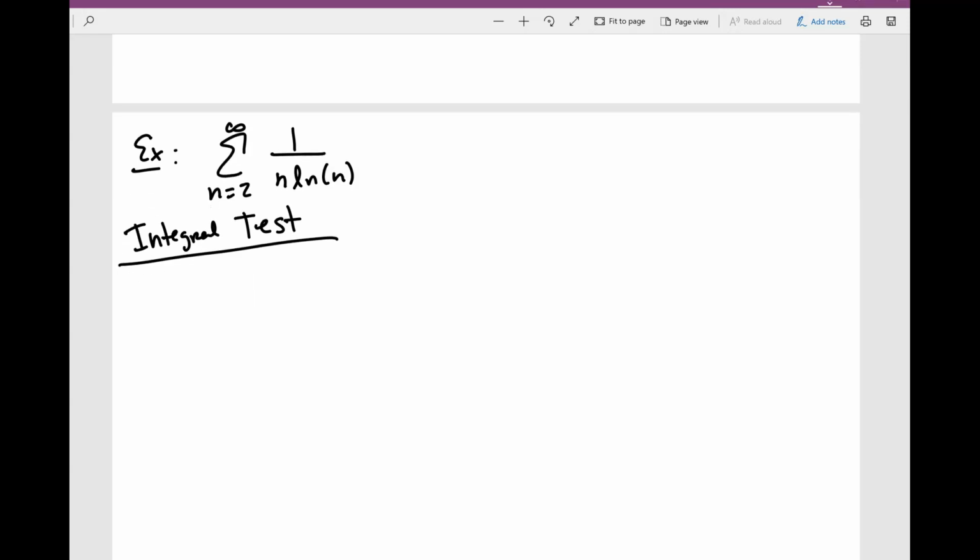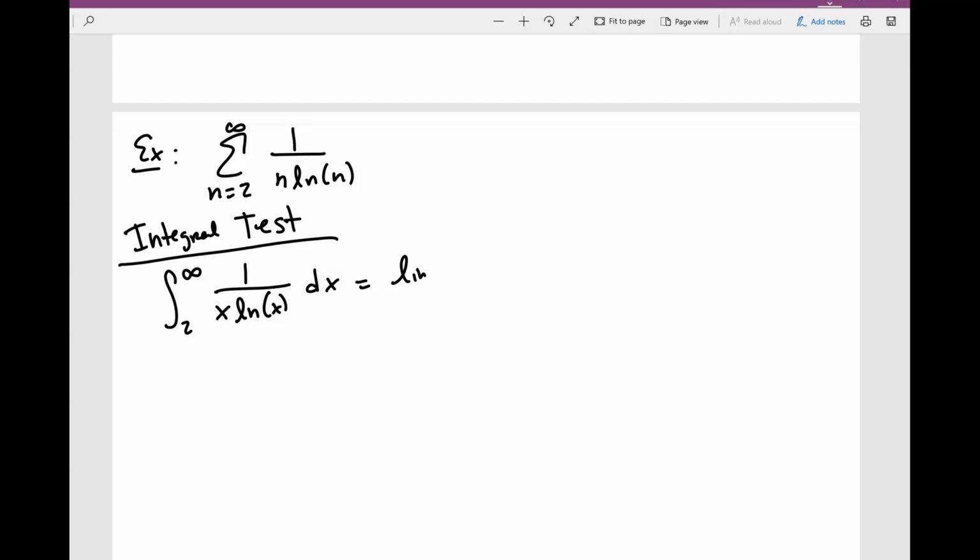Okay, so what we're going to do, we're going to take the integral from 2, because this now starts at 2, all the way to infinity, 1 over, let's substitute the n's with x's, x ln of x dx. Now all I have to do is try to evaluate this integral. Let's get rid of that infinity.